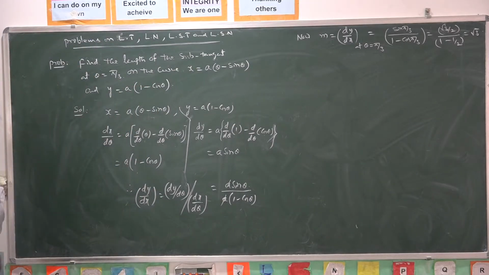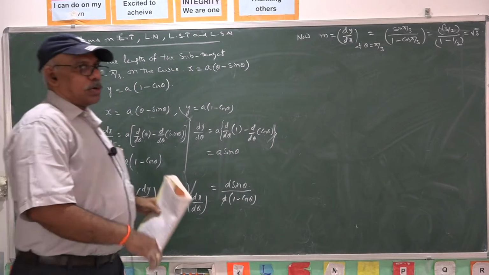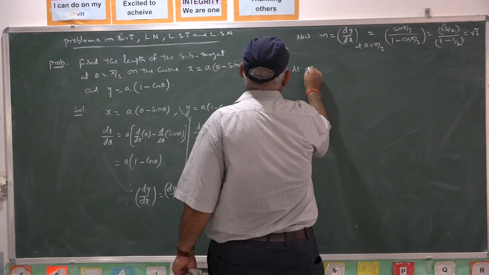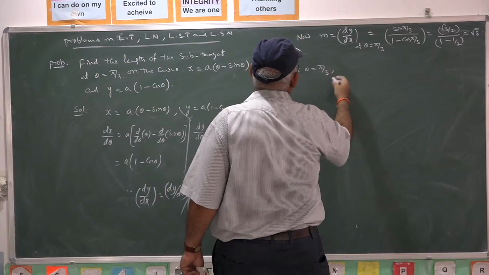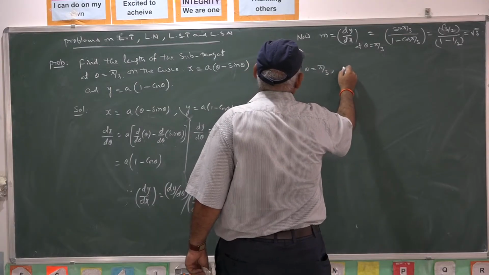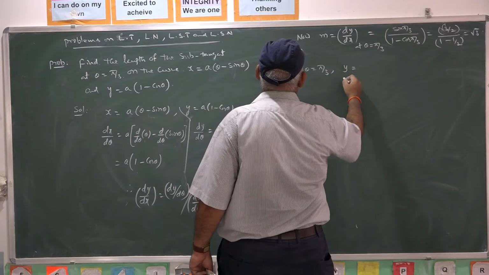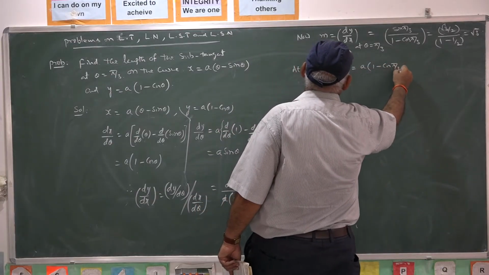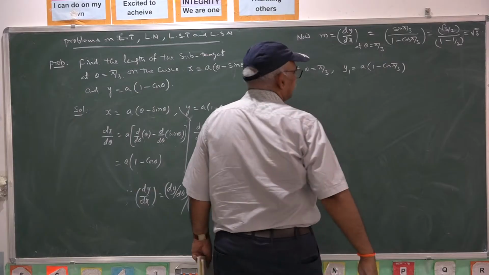Based on this slope and the point, y coordinate of the point. So, at theta equal to pi by 3, ordinate of the point y equal to a into 1 minus cos pi by 3, that is y1.